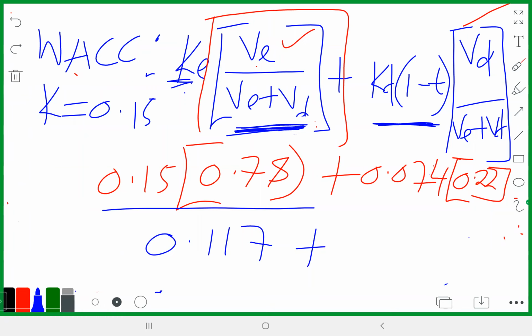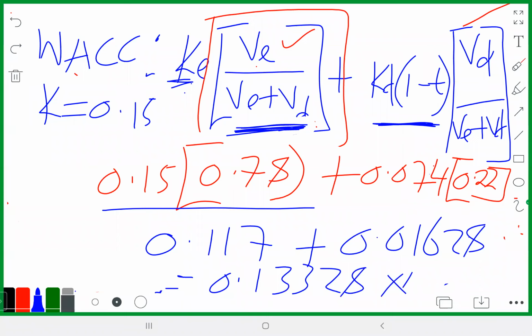We close. We find 0.01628, and we add 0.117, so that it can be 0.13328. If you multiply by 100, you find 13.3%. Are we all finding the same?